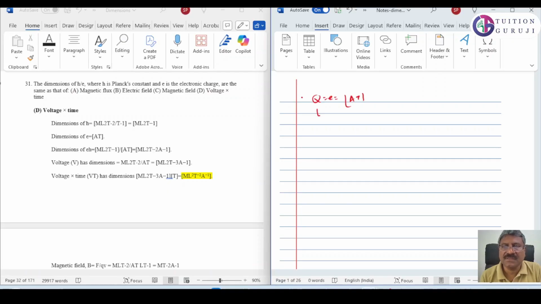Now Planck's constant: we know E is equal to h nu, which implies h is equal to E by nu, frequency. E is energy, ML²T⁻² divided by T⁻¹. Frequency is T⁻¹. Therefore, ML²T⁻¹. So we got H also.